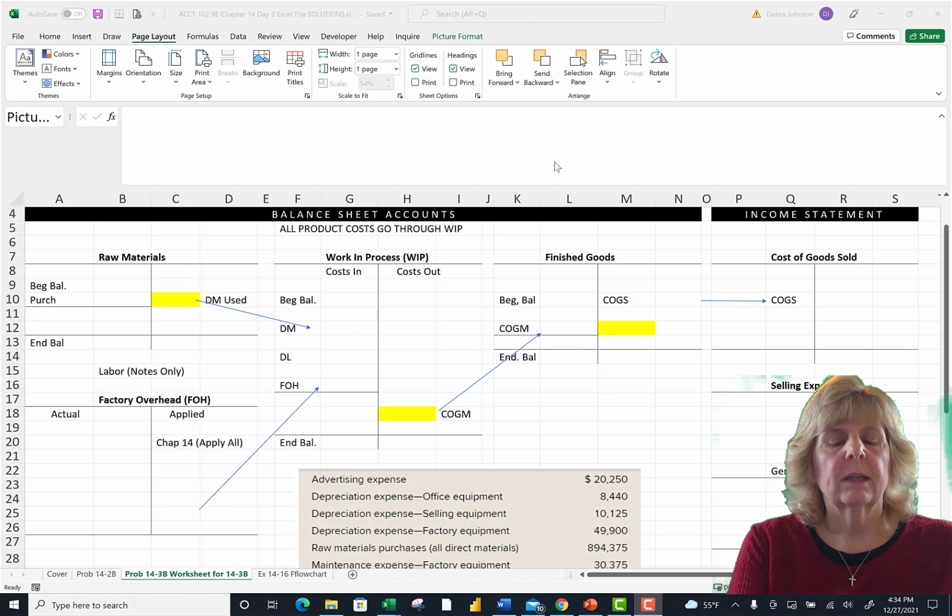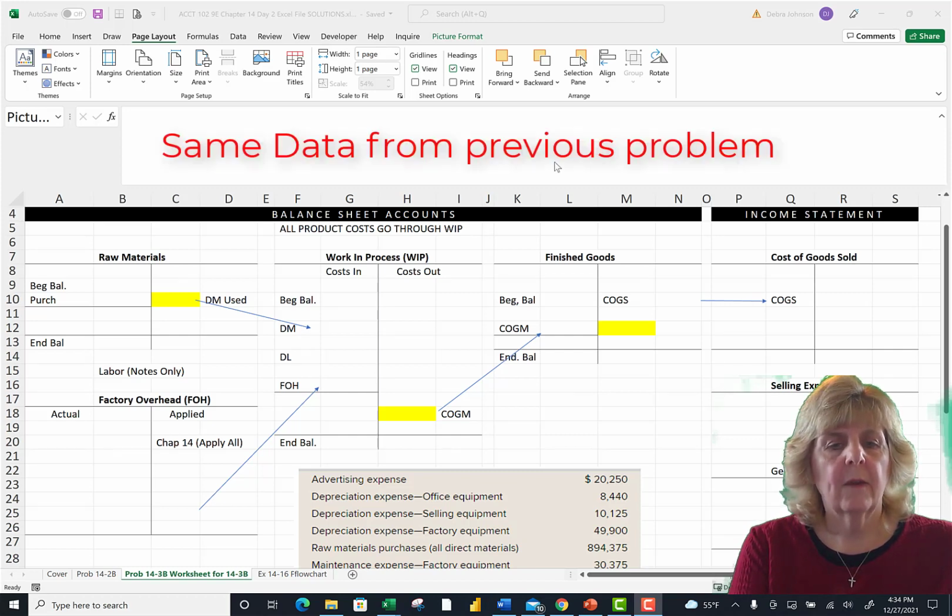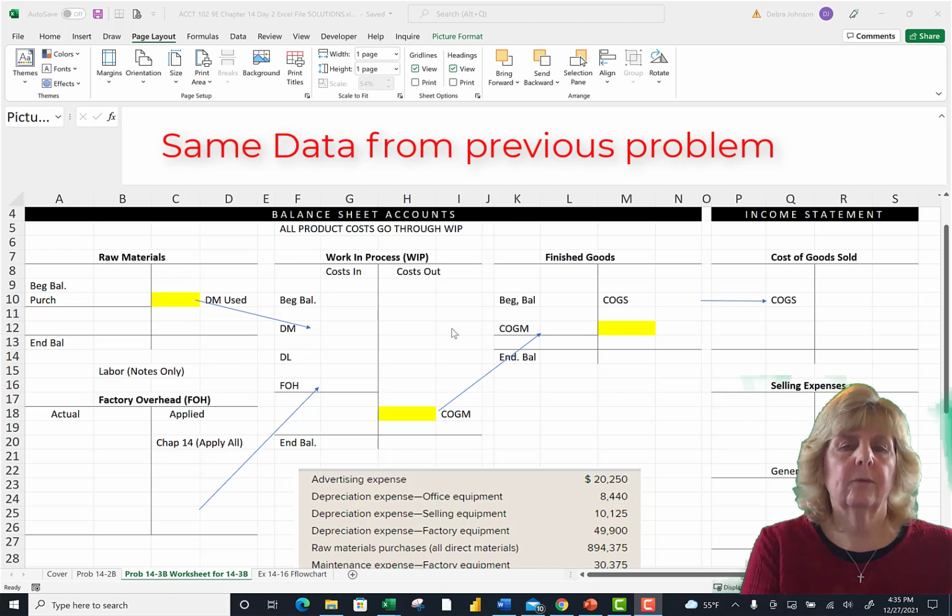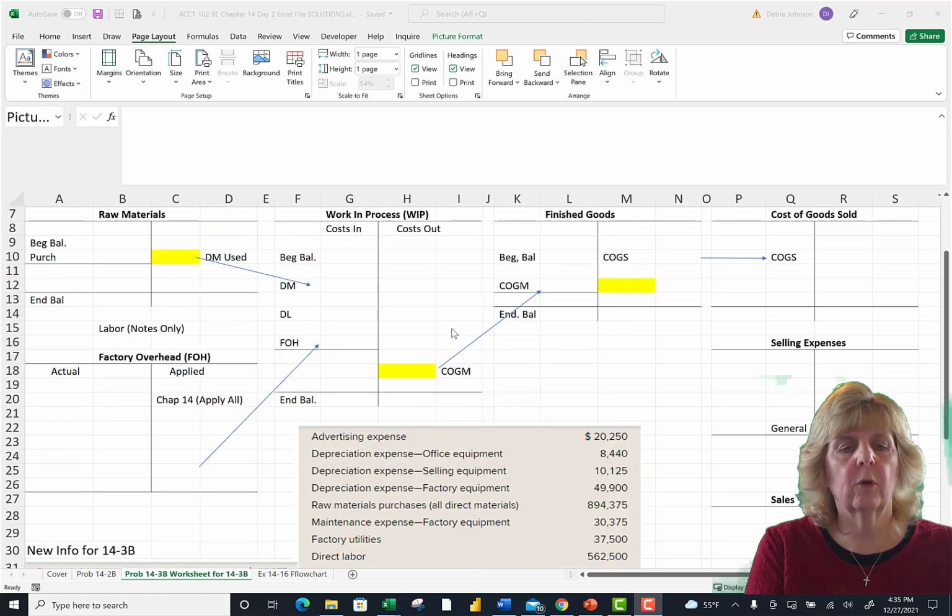You'll notice that the exact same data that we just finished with on the previous problem is now carried over to this worksheet. Again, I am using a T-account format to teach this material because it's going to simplify our lives going forward.